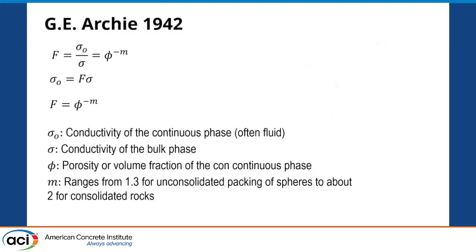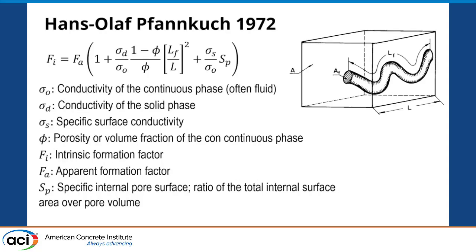Now, I'm not going to go into a lot of these details, but of course, the formation factor was introduced in 1942 by Archie, and this was the equation that was used. And Hans Olaf, I will let you read the last name, I'm not going to pronounce it, he actually tried to relate that to the pore space and pore surface area.